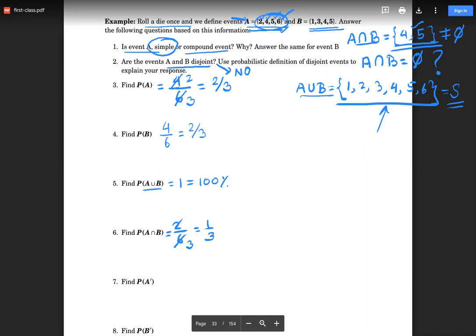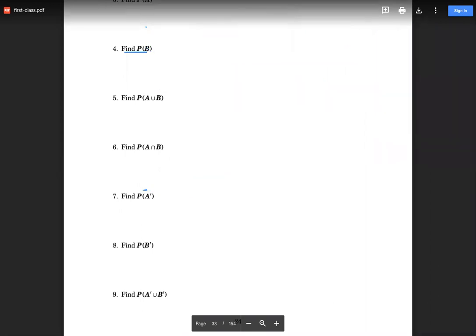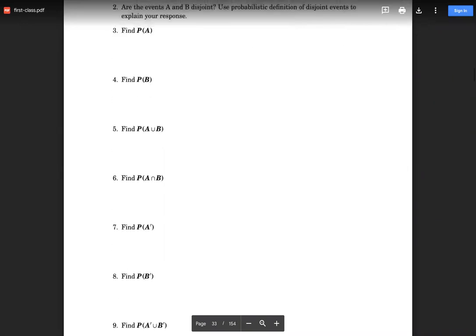I think there are a couple more, so let me clean it up. A complement, what was A? 2, 4, 5, 6. A is 2, 4, 5, and 6. What is A complement in this case?